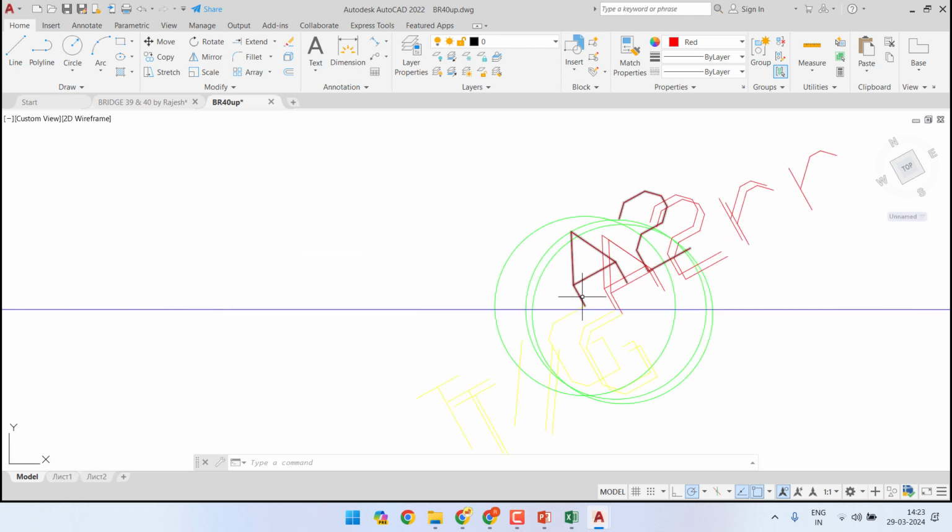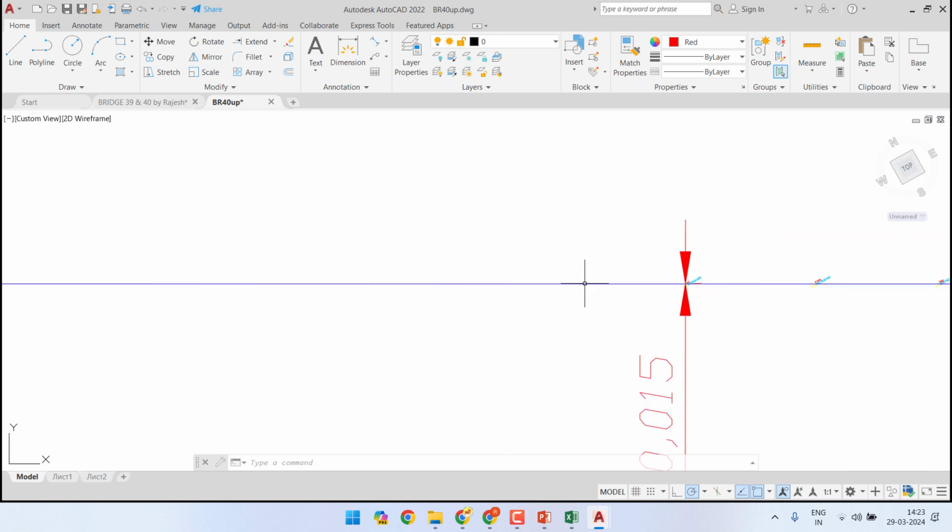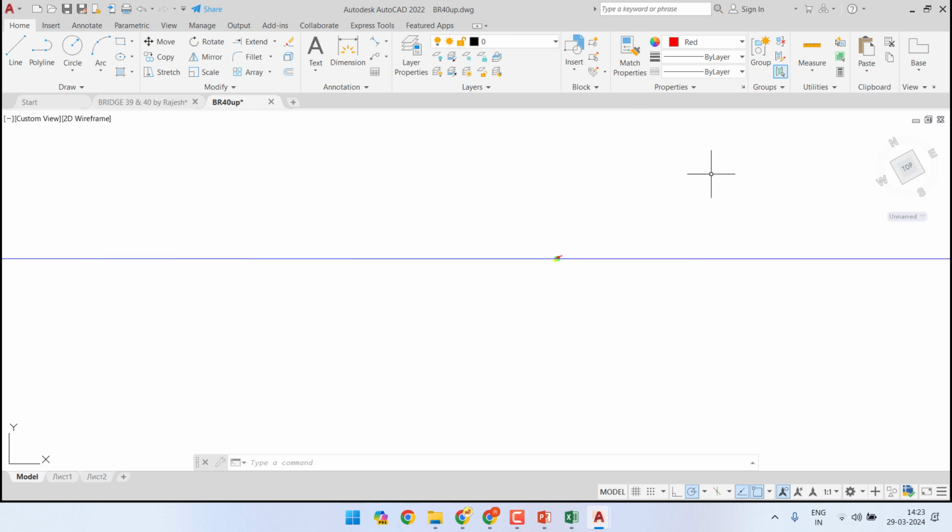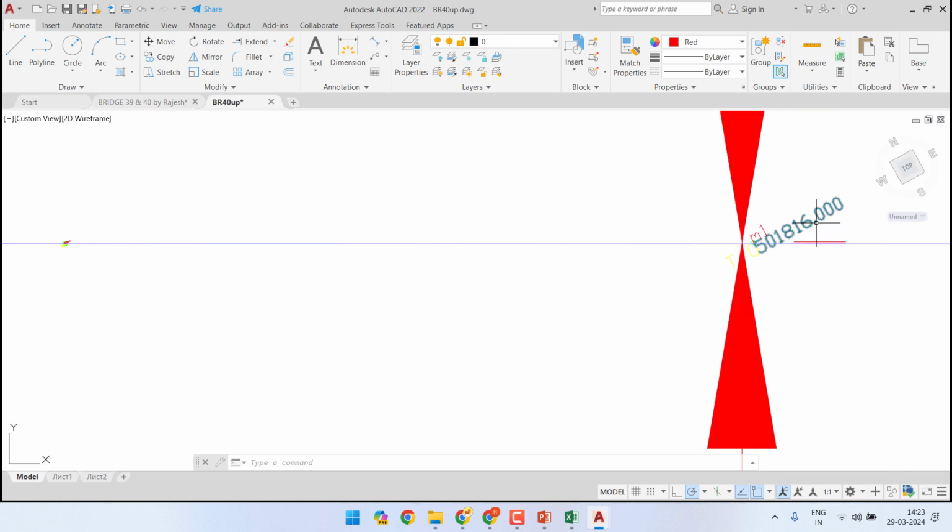Font has been reduced actually. I should increase the font size. Let me try to increase the font size.